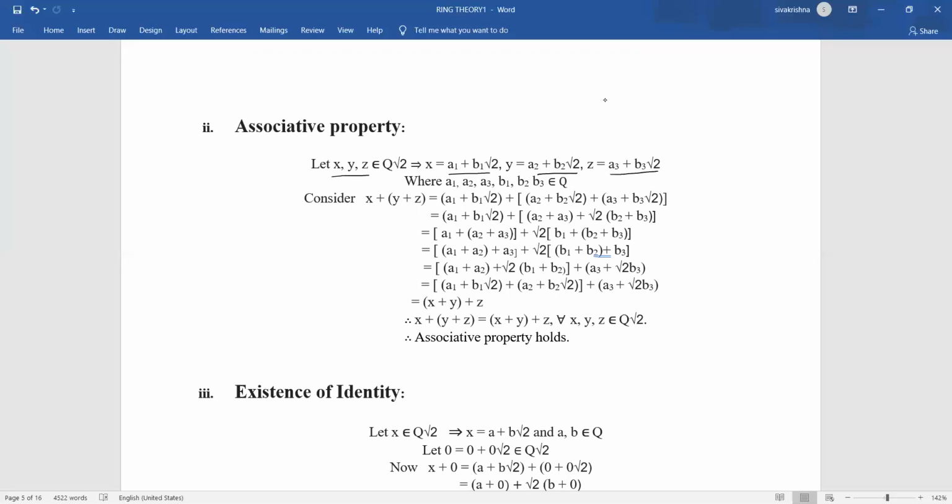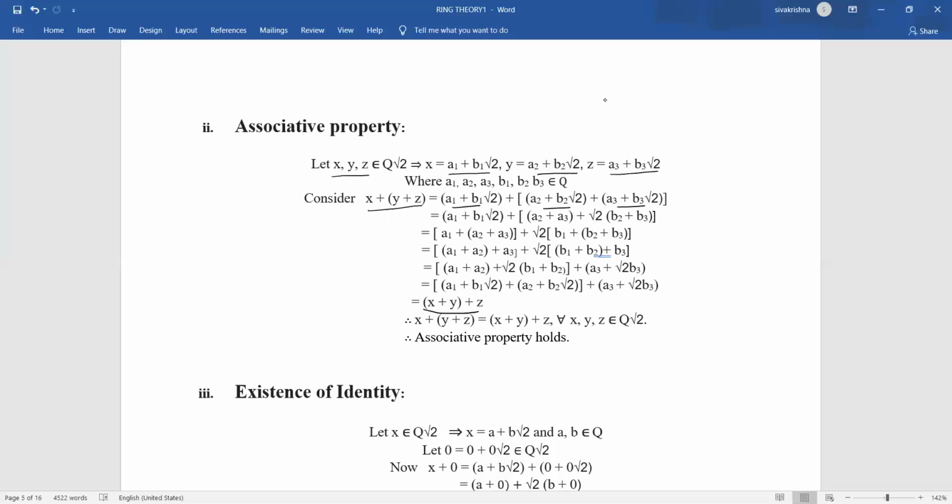Because every element in Q root 2 is of the form a plus b root 2, I have to write x, y, and z in those forms. Clearly a1, a2, a3 and b1, b2, b3 are rational numbers. Here I considered x plus of y plus z, and I have to prove that it equals x plus y plus z. So I am writing the values of x, y and z.